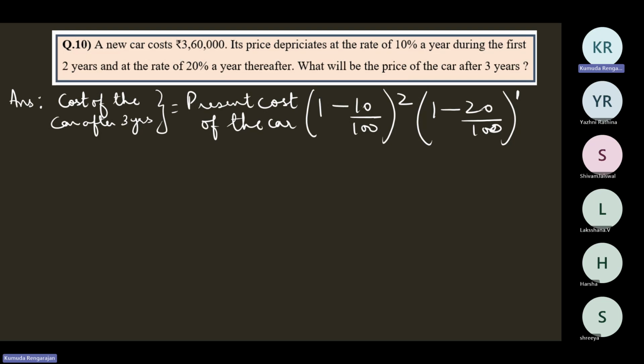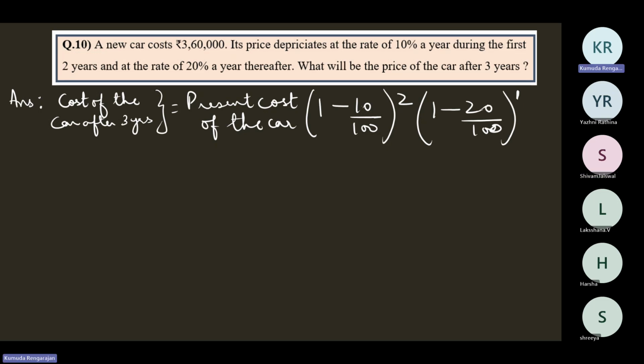When you have different rates of appreciation or depreciation, sometimes you can have appreciation and depreciation in the same question. It may increase, then decrease, then increase, like the count of bacteria. So you can have both 1 plus R by 100 and 1 minus R by 100 in the same answer.